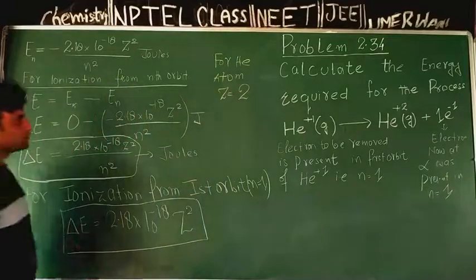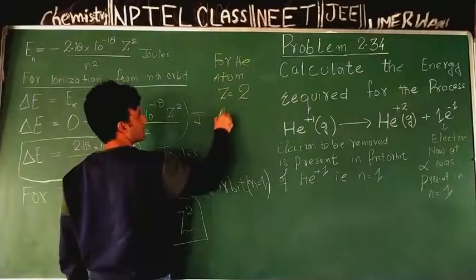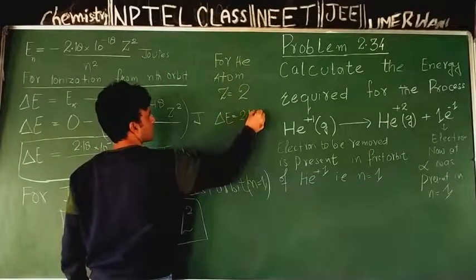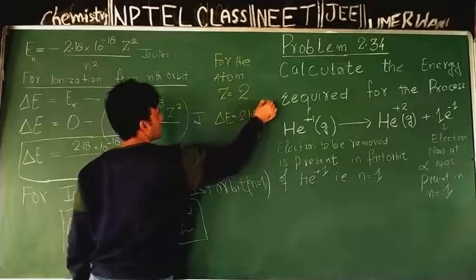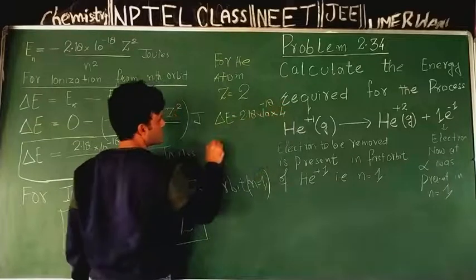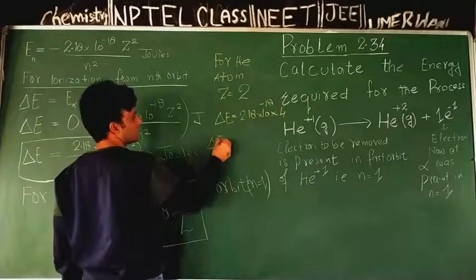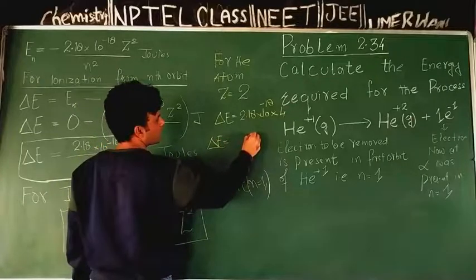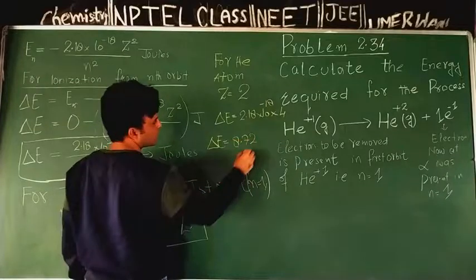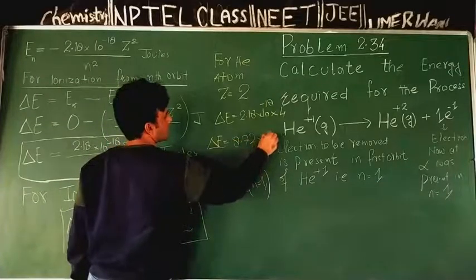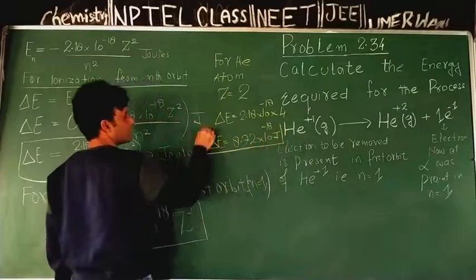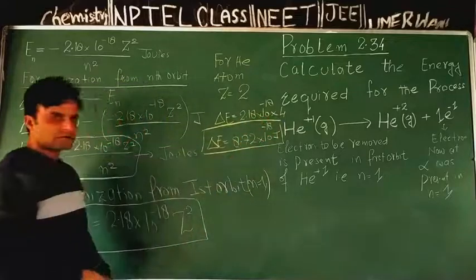If I substitute here, ionization energy will come 2.18 into 10 to the power minus 18 multiplied by 2 square, which is equal to 4, and the ionization energy will become 8.72 into 10 to the power minus 18 joules. This is our answer. This is the solution to this problem.